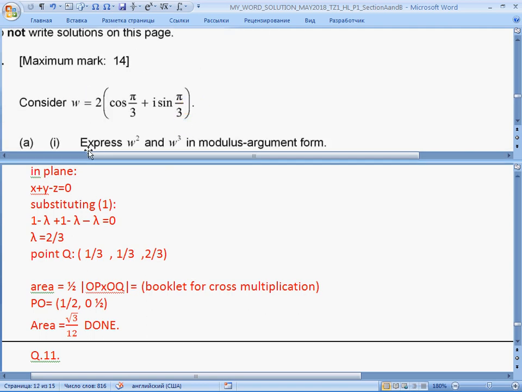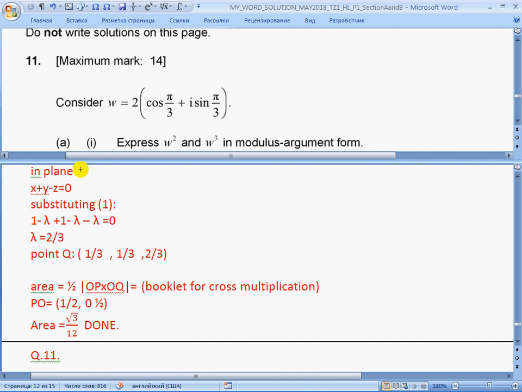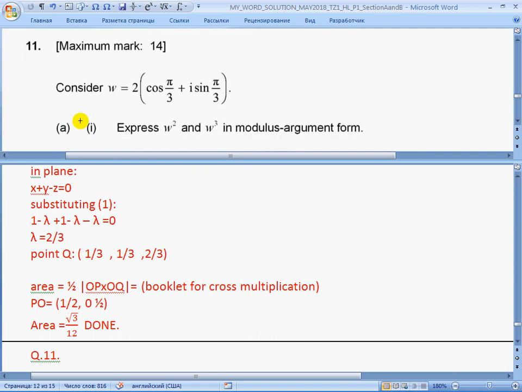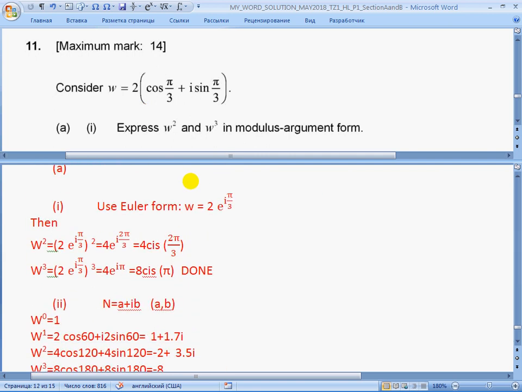Question 11 is about complex numbers. They are in modulus-argument form. We should find the second and third power of this. So we need Euler form.